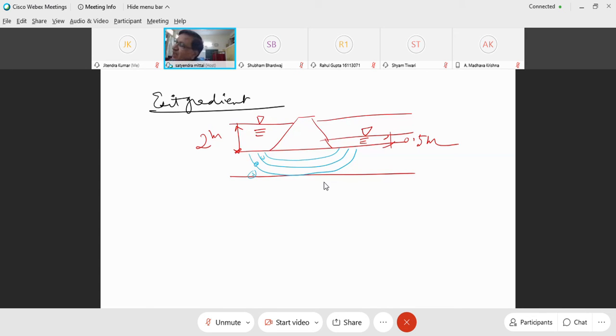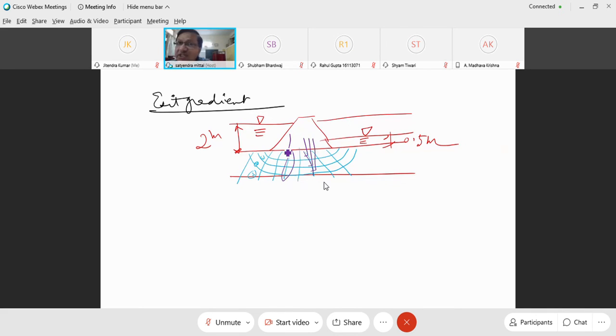Anyway, I have already defined many times what equipotential lines are. And I have also defined in the previous classes that if I put a piezometer along this line, it will show me the same gradient.